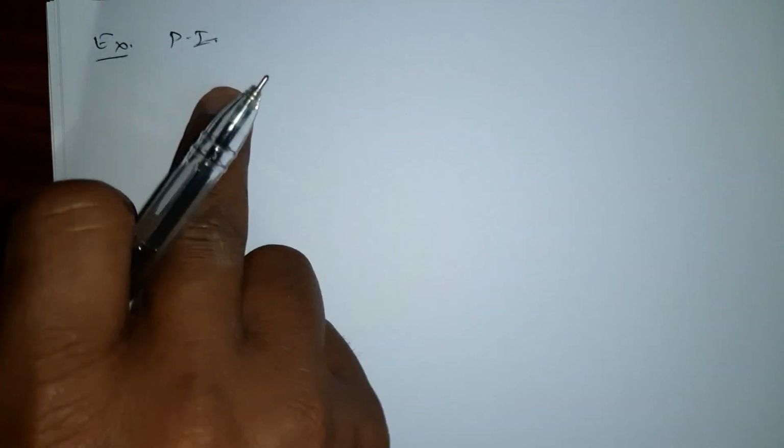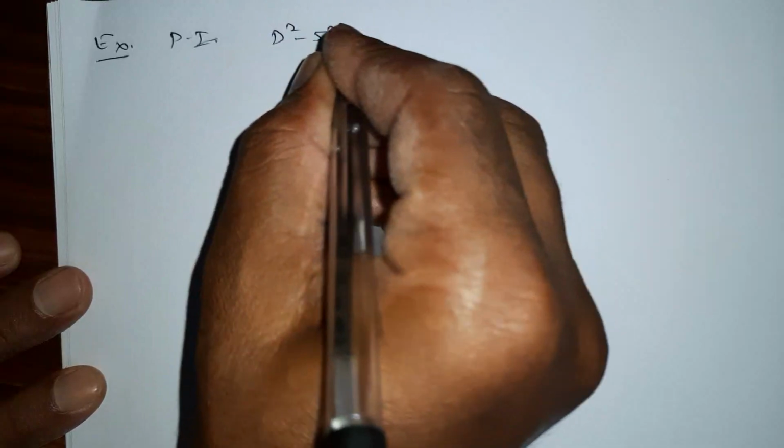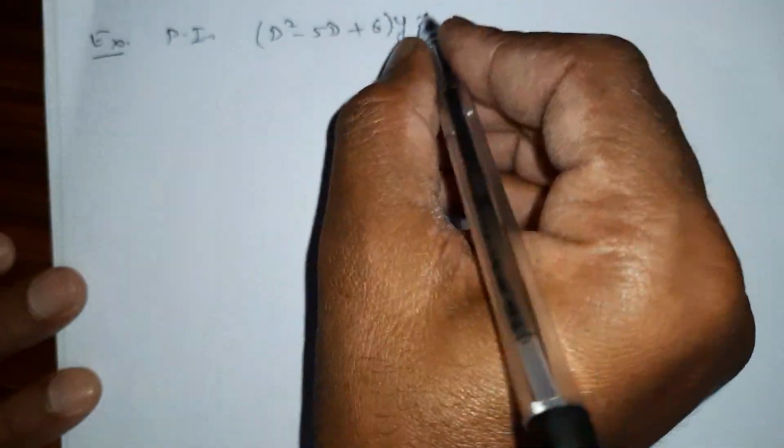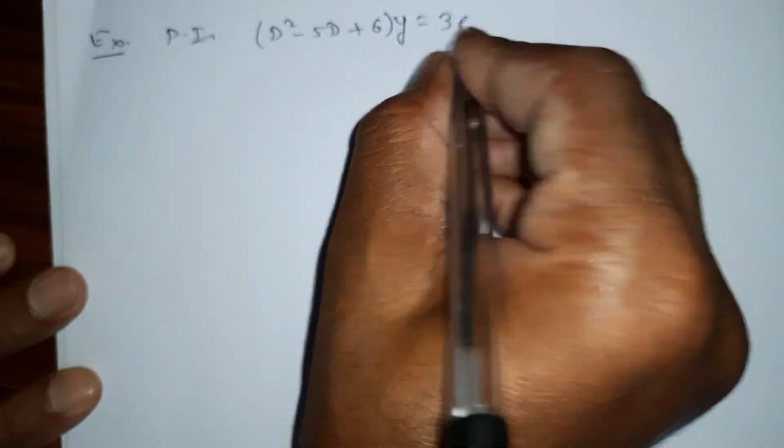So here, the first example for understanding is, let us solve, find particular integral, find PI. If I write it short, then I hope you understood. Find the particular integral: (D square minus 5D plus 6) operating on y is equal to 3 e raised to 5x.